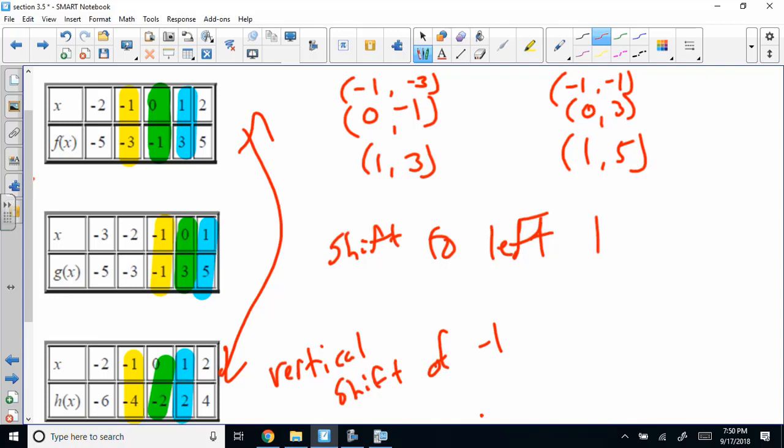Because all you know now is it's doing shifts to left or right, and it's doing what? Vertical shifts up. But look and tell. This is how you can tell. Look at my outputs. Did my outputs change compared to f of x? Yes or no? No. So you only shifted left or what? Right. Look at h of x down here.